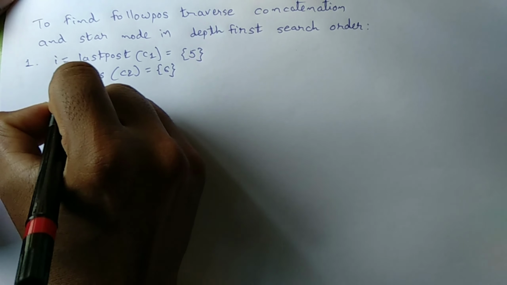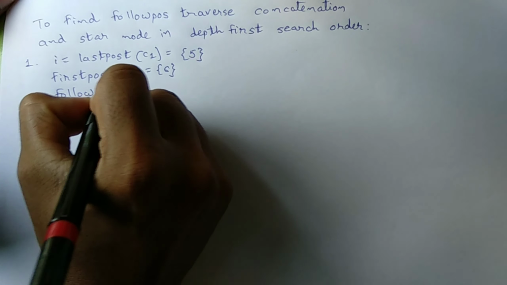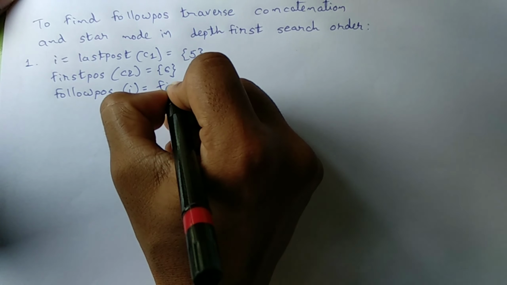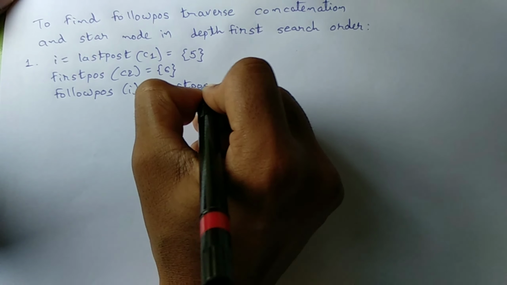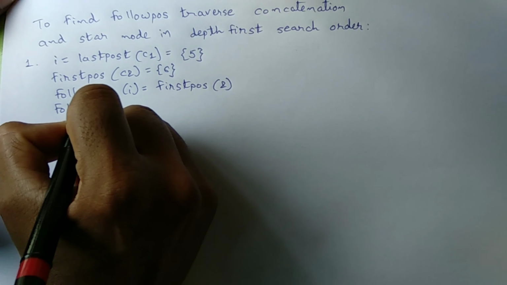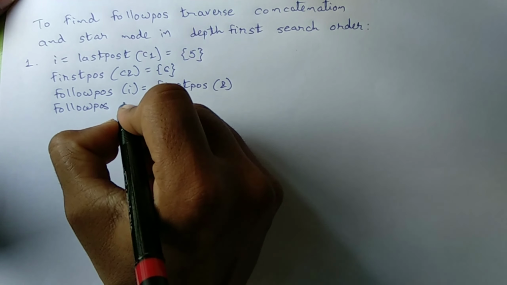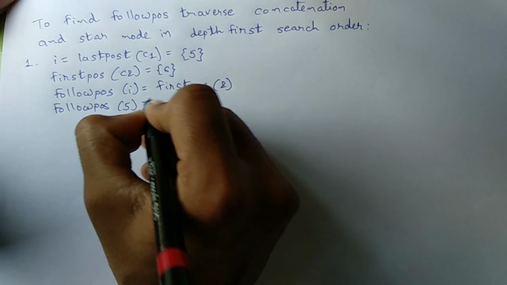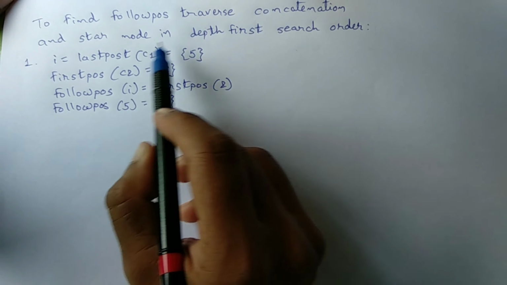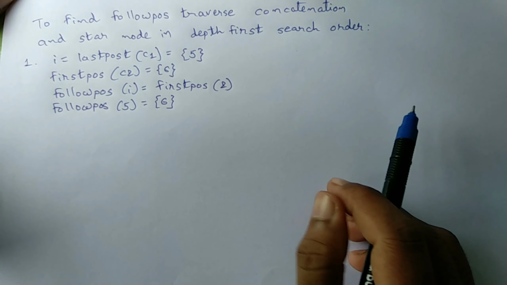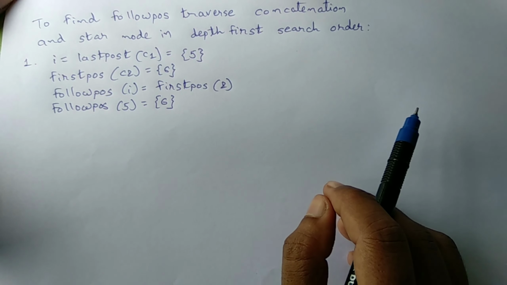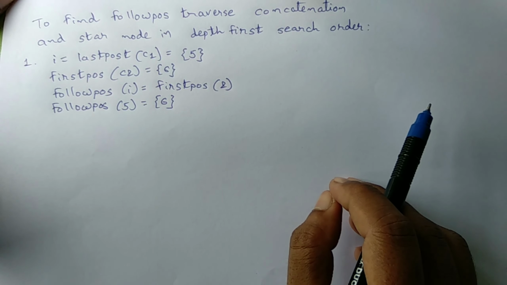So follow position of i is equal to first position of c2. So follow position of 5 equal to 6. This is calculated from the rules of first position, follow position and last position.